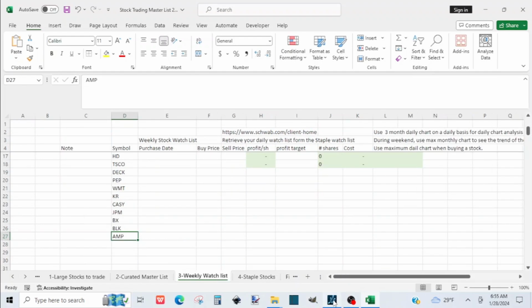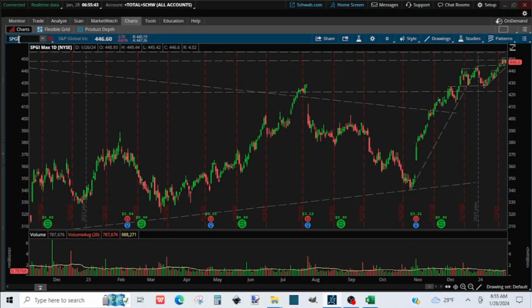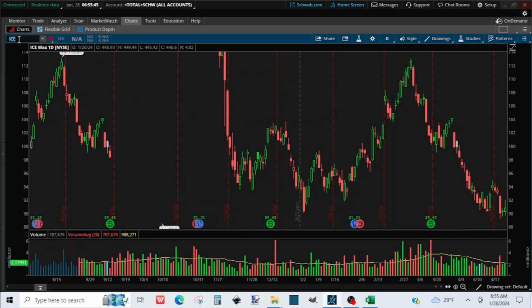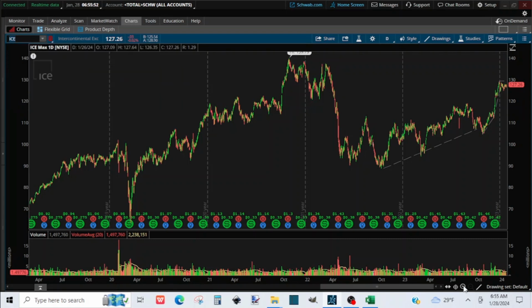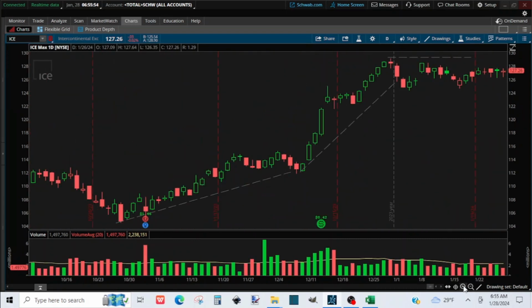So the next one is ICE. ICE is consolidating. The trend ended, it went up and created a lower high compared to the previous one, which is this one, then went down to a low.